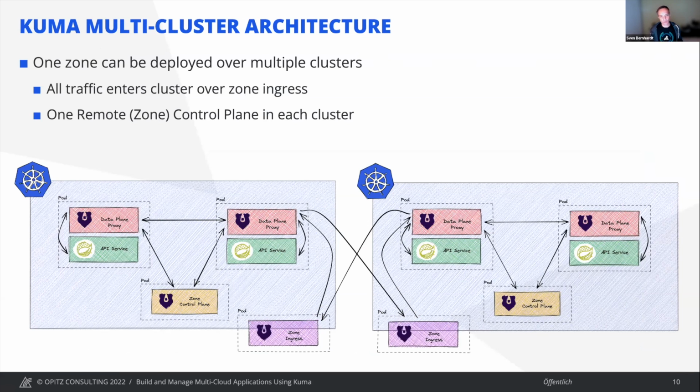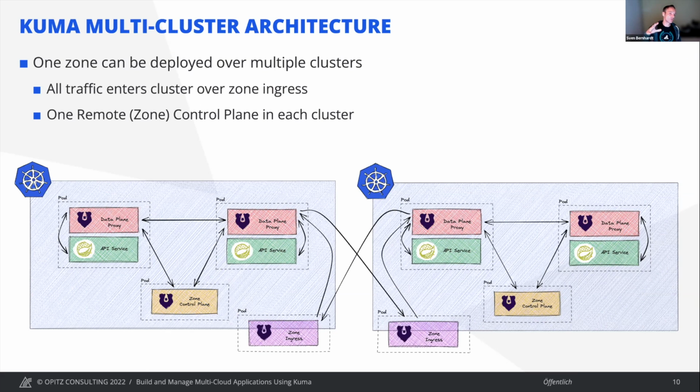You can see in the picture that we have two Kubernetes clusters, and basically we have Kuma installed into each Kubernetes cluster. And we have also a so-called global control plane, which is not here in the picture, but we will see it in the demo later on.